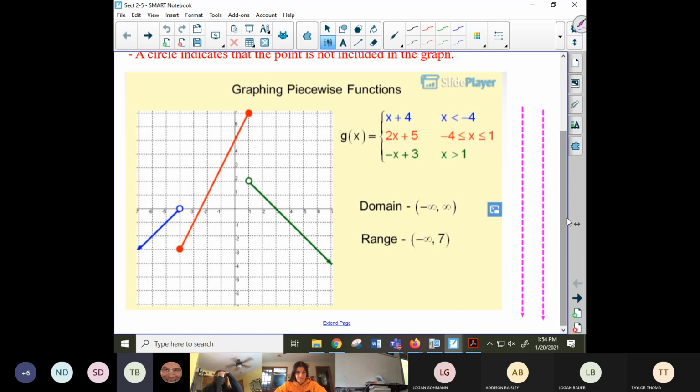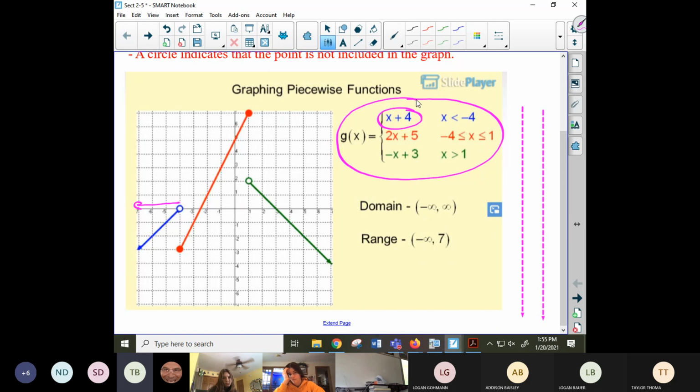So with piecewise functions, what happens is they'll give you the function like this, okay? And g of x equals x plus 4 for all x's less than 4. So, or I'm sorry, less than a negative 4. So from here to here, they are using this equation, okay?